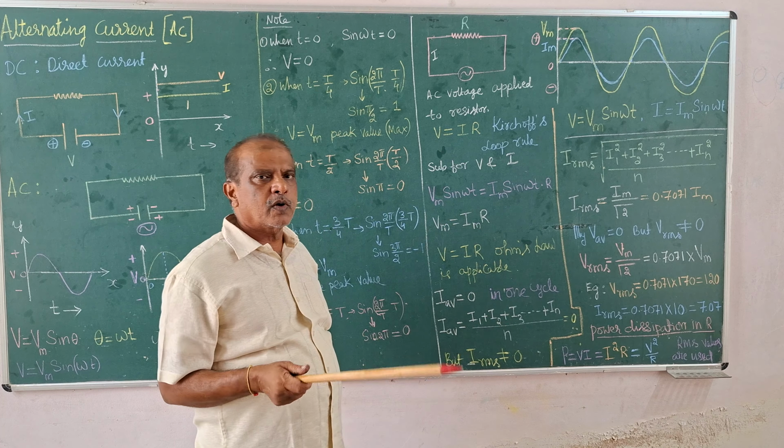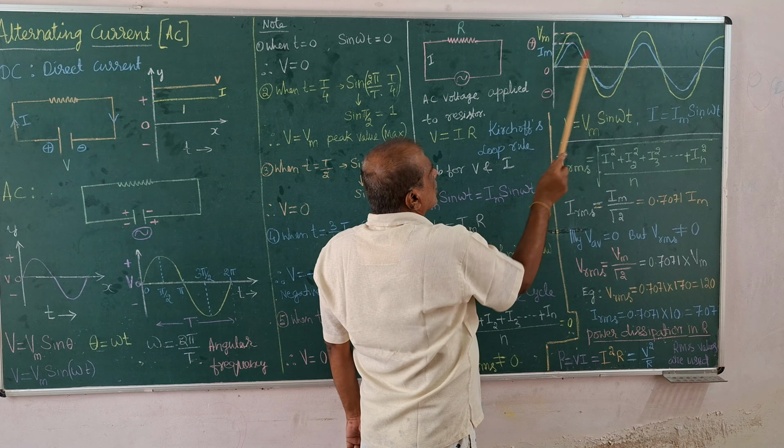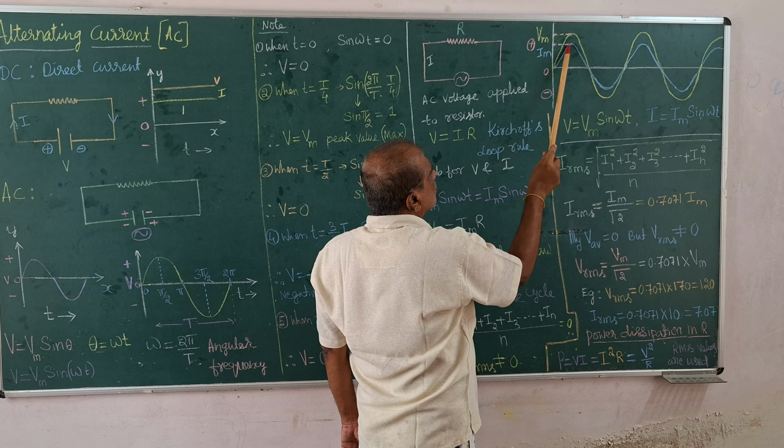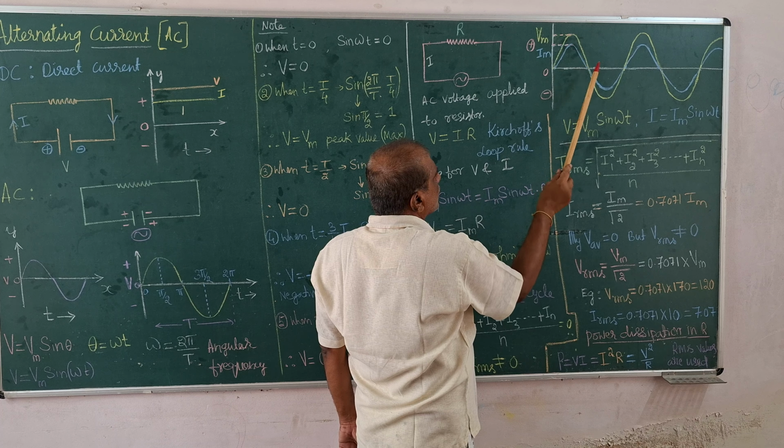One such mean value is the average value, whether current or voltage, I average or V average. What is that average value? There are a number of values, positive values and again negative values. For all those n number of values, you sum them up and divide by the total number of values. When you do so, it equals 0 for one cycle.